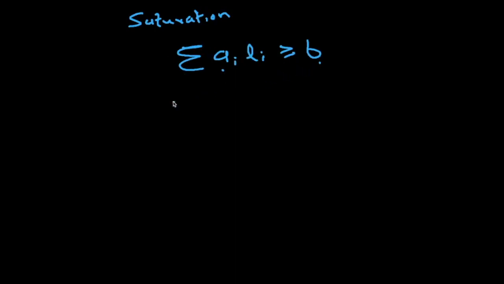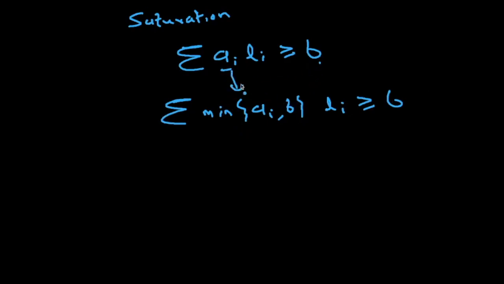So we don't need something bigger than B on the left hand side. We can take the minimum of ai and B as the coefficient for li. So that's simply making strengthening: some of them are bigger, and I'm just capping them to value B. That is one kind of technique which is called saturation.